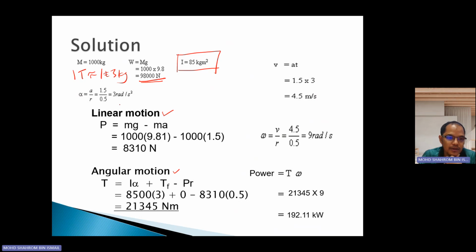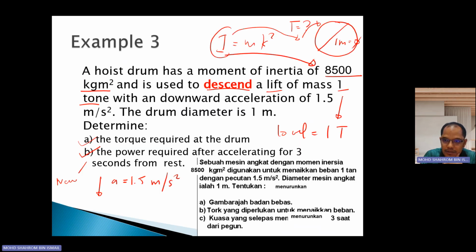In order to get the angular acceleration, alpha, alpha is equivalent to acceleration over r, where the acceleration is 1.5.